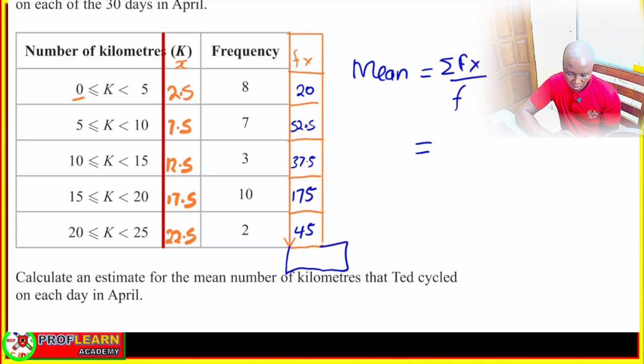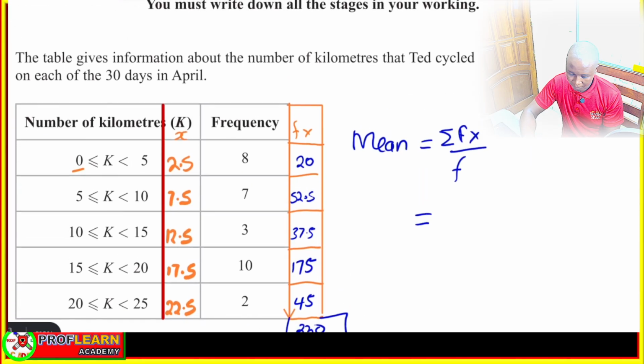So that is 20 plus 52.5 plus 37.5 plus 175 plus 45. That translates to 330.